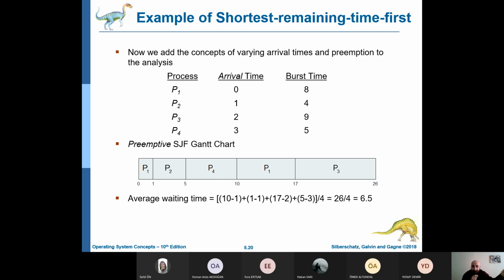But at some point, a new process enters the ready queue, and its burst time is shorter than my remaining time. In that case, I'm going to preempt my process from the CPU, and I'm going to execute the newly coming process. So it's called shortest remaining time first.